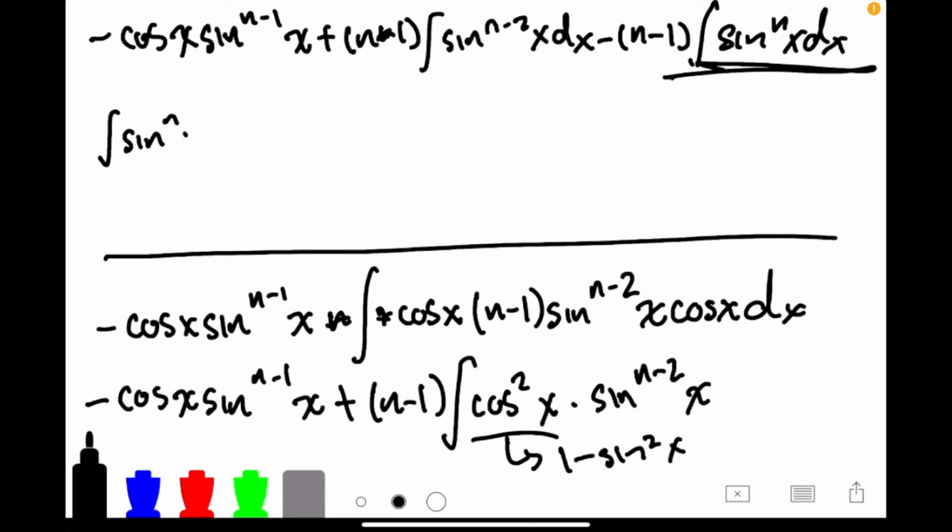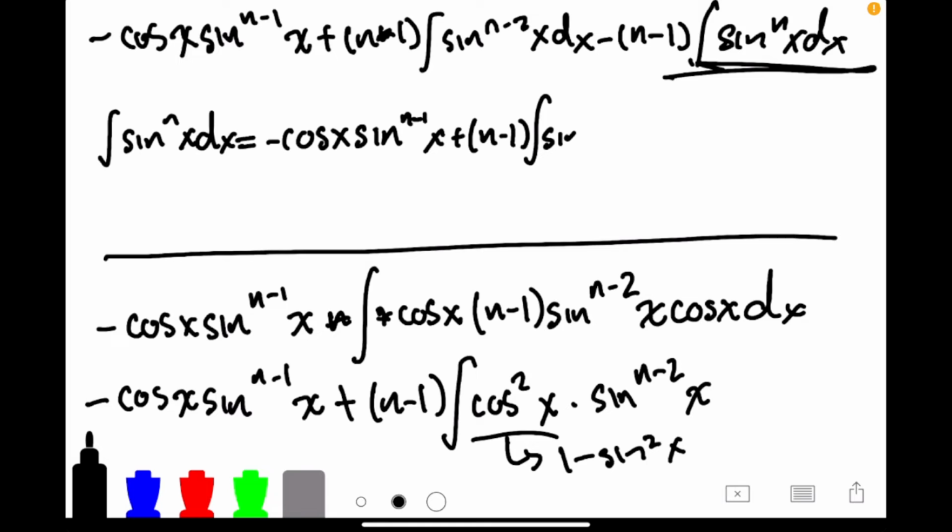Sine to the n x dx equals this entire thing: negative cosine x sine n minus 1 x plus n minus 1 integral sine n minus 2 x dx minus n minus 1 integral sine n x dx, right?